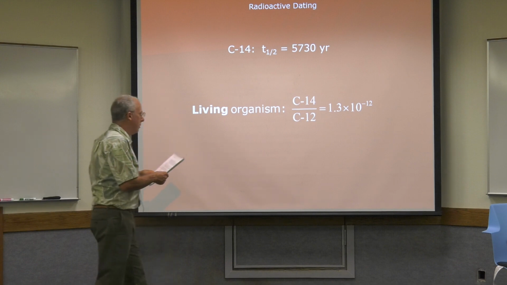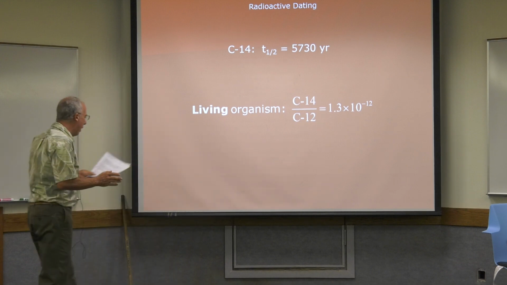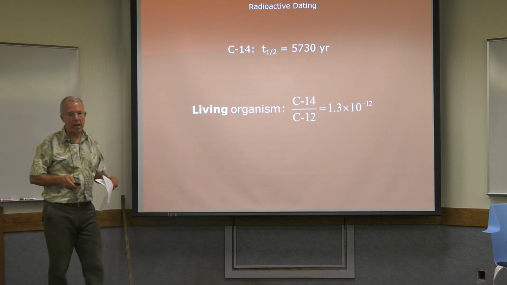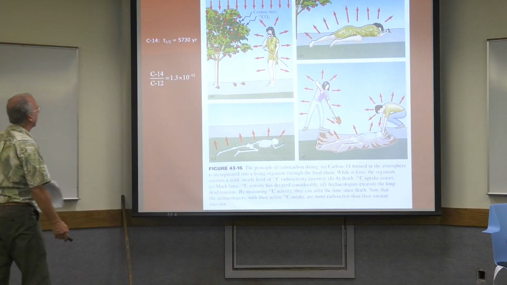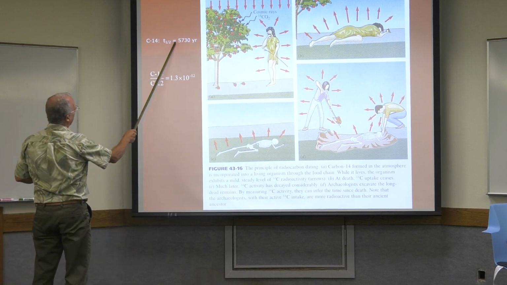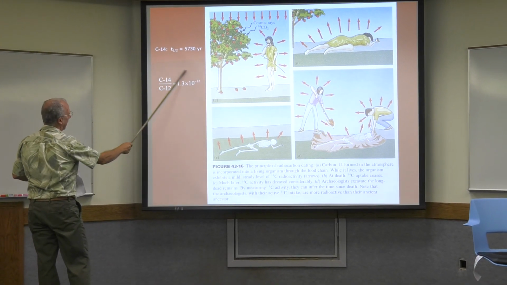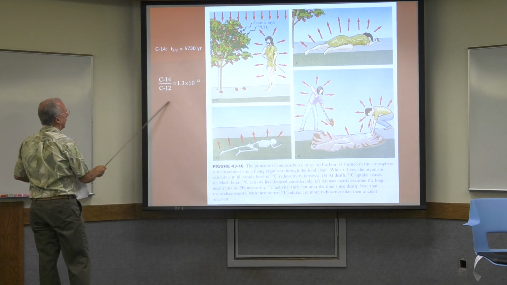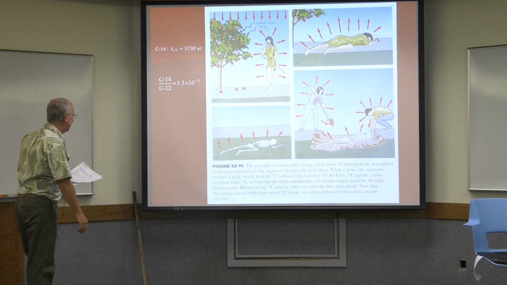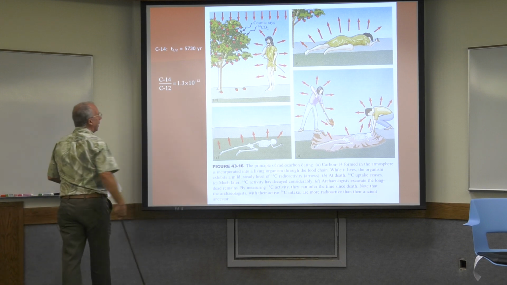All right, so this is how we use this information to figure out how old something is. And again, these numbers are crucial, right? Half-life, 5730 years, and we know that this is pretty much true. I'll talk more about that in a minute.